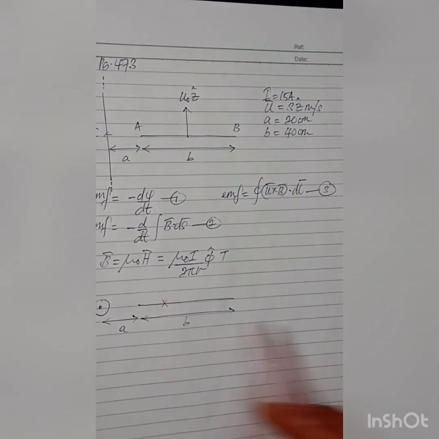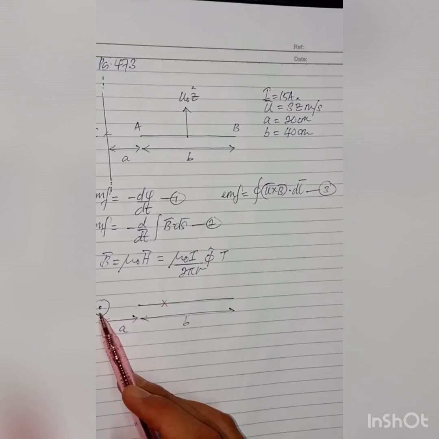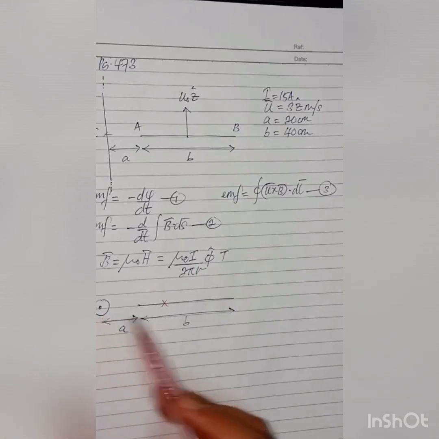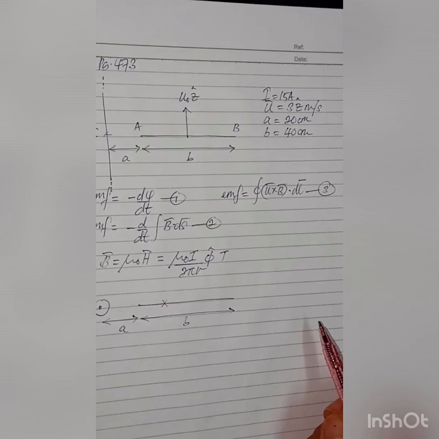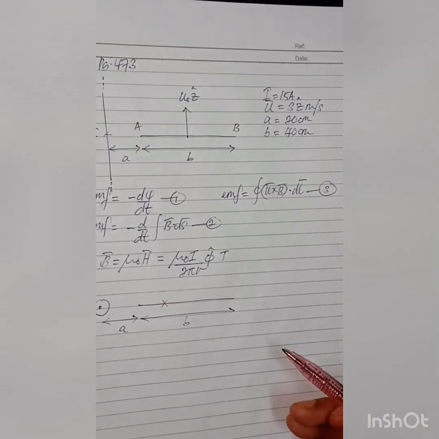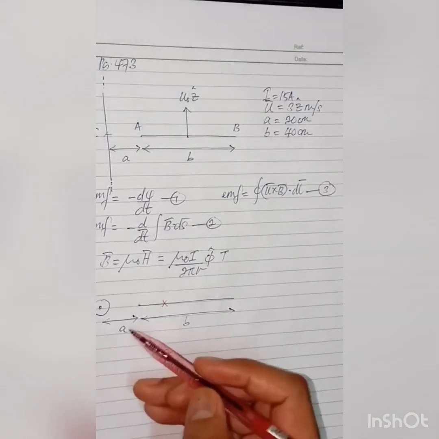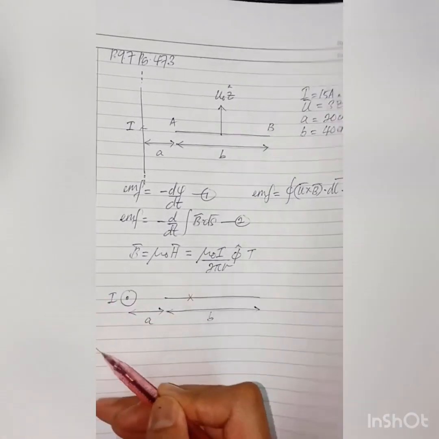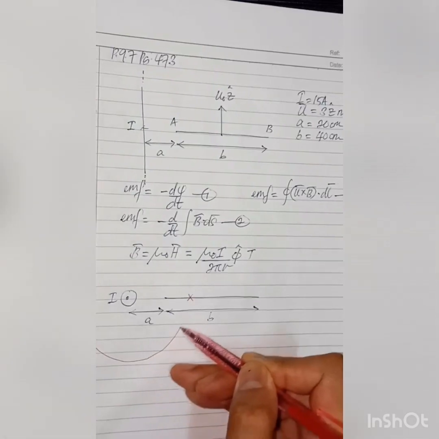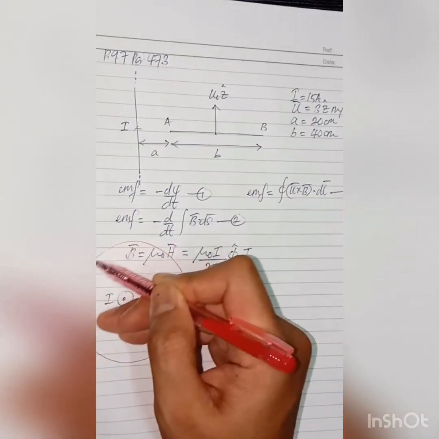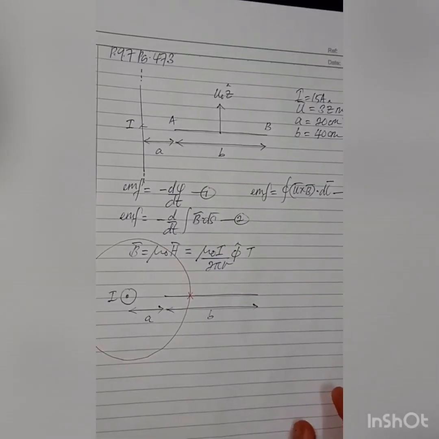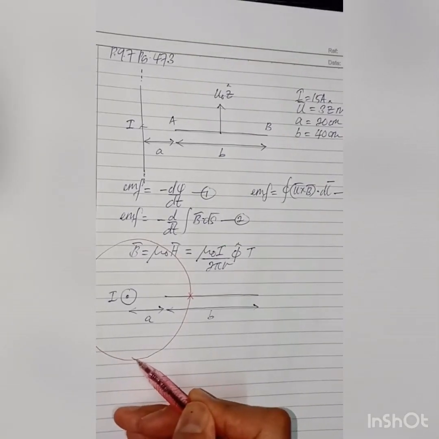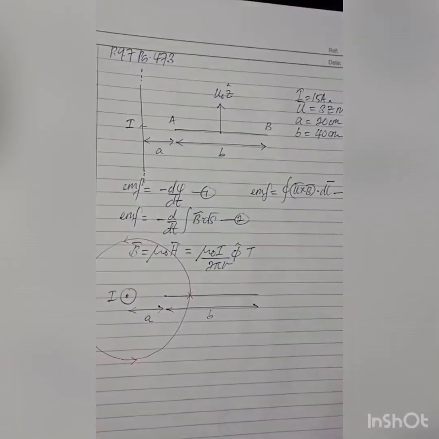Since the current here flows in the positive z direction, the H or B field must have the positive phi direction, or counterclockwise direction. Let's say that's our B field or H field, with counterclockwise direction.